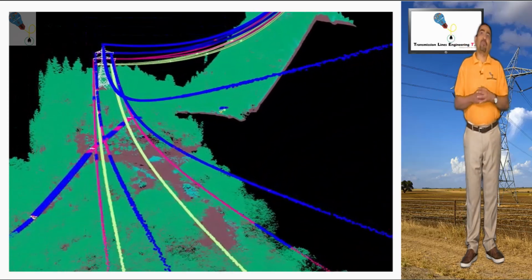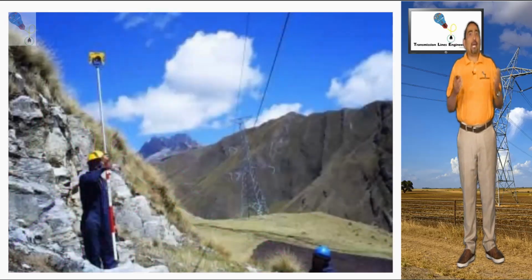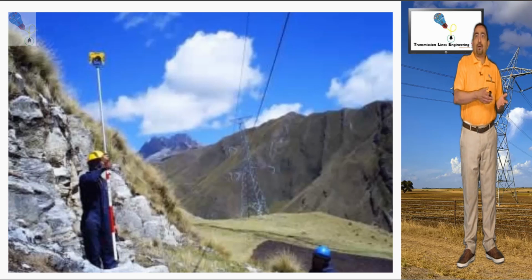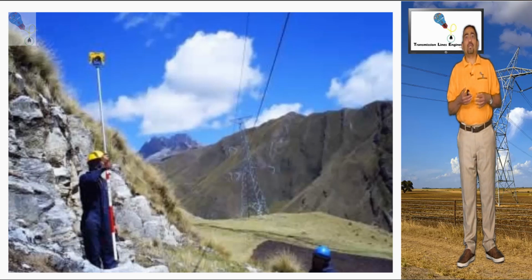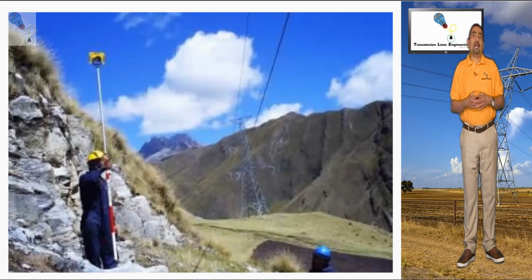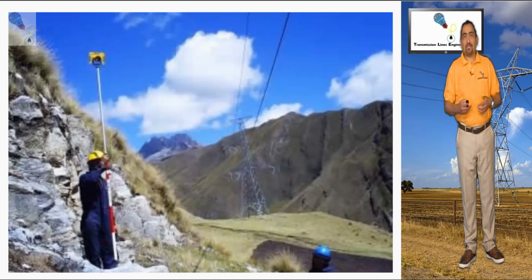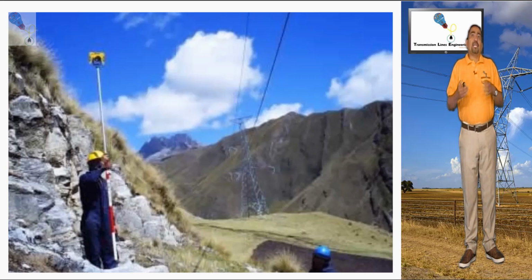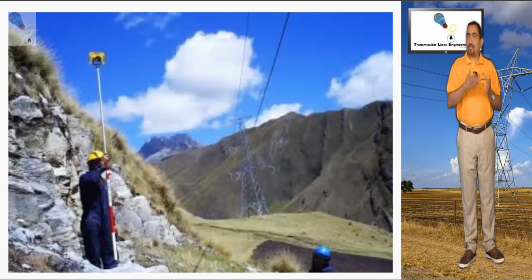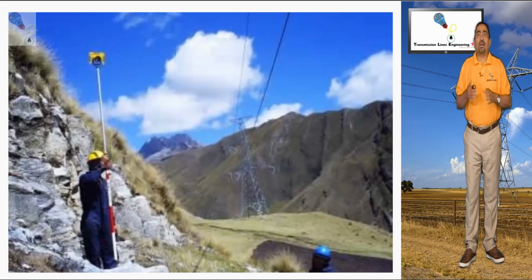Maybe someone could think, what's going to happen with the survey companies which only work with a total station? What's going to happen with those employees? As an answer, I could say, in my very personal opinion, a survey company will always be needed, including services with total stations.